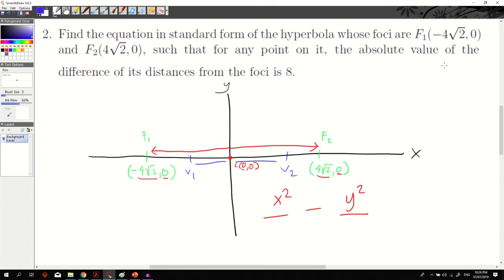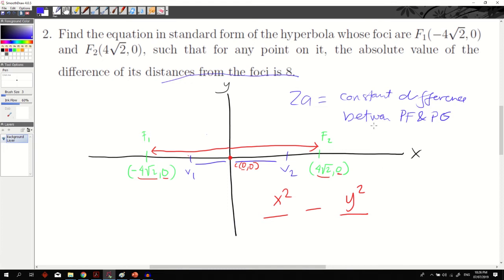As we can see, remember that 2a is equal to the constant difference between PF and PG.